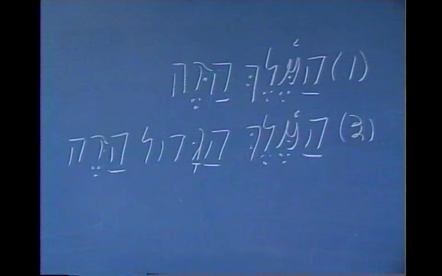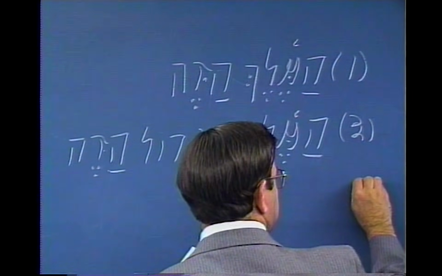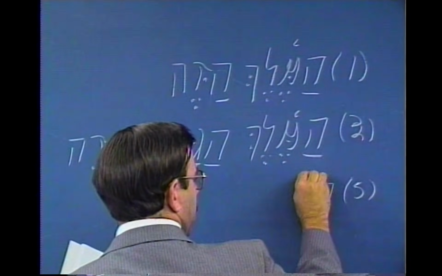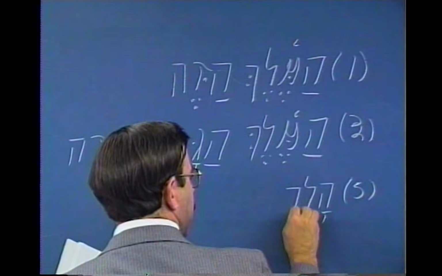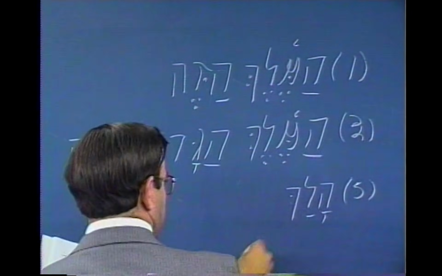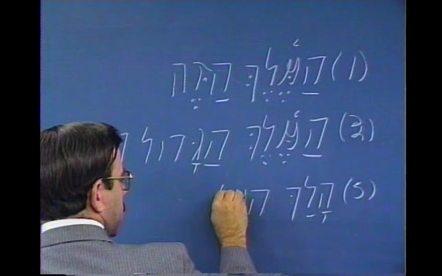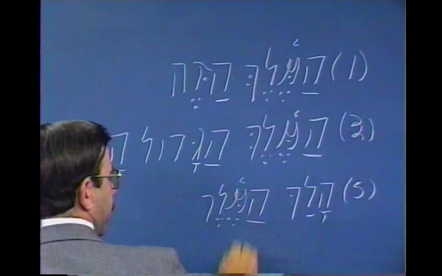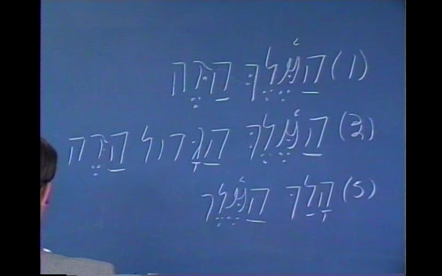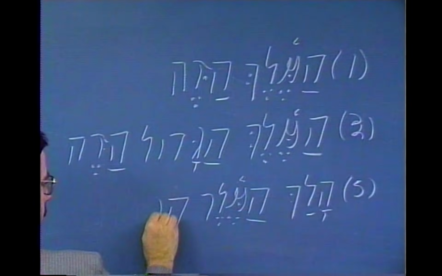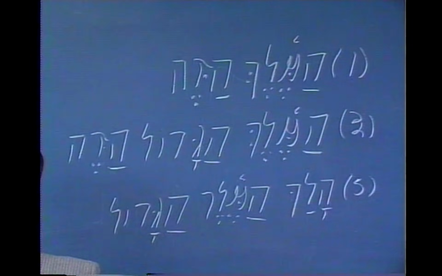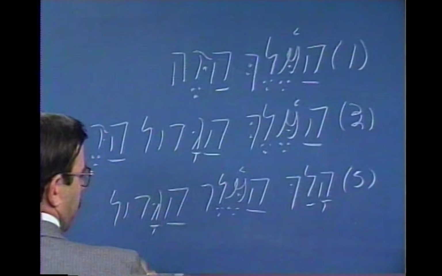All right, number 5, we want to write the sentence, this great king went into the city. So, we put our verb first, as it usually is in Hebrew, halak. The king went. The king went, not just any king, the great king. The king went, not just any great king, but this great king.